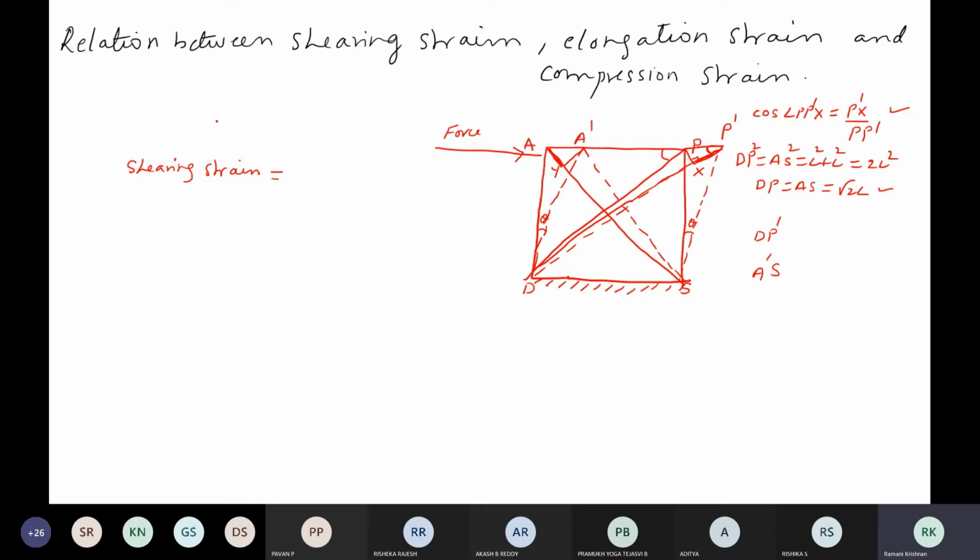It is producing compression strain along the diagonal AS, and it is also producing elongation strain. So before deriving, we can see in this diagram itself the effect of theta: it is producing elongation along DP, and compression along AS. So this is equal to compression strain plus elongation strain.